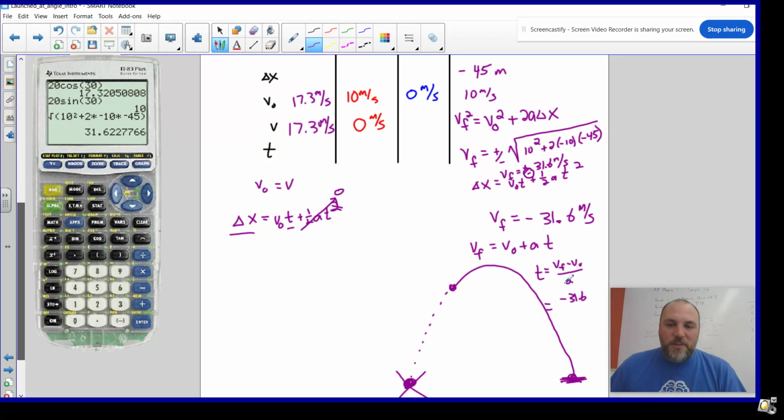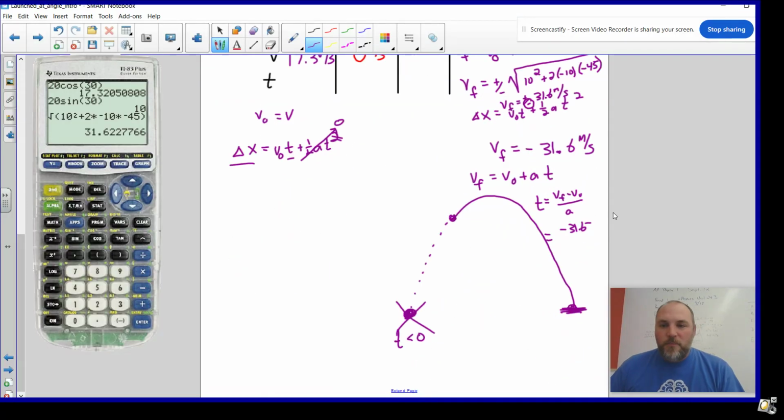So I have my final velocity, negative 31.6, minus the initial velocity, which was 10, so minus 10, divided by the acceleration, which is negative 10. So I have in my numerator negative 31.6 minus 10, all divided by negative 10, or 4.16 seconds. So the time is 4.16 seconds.